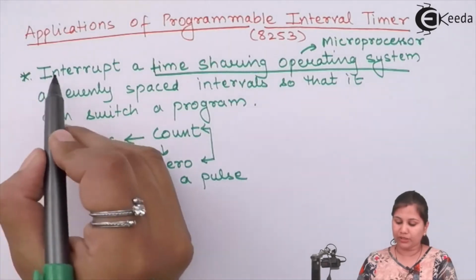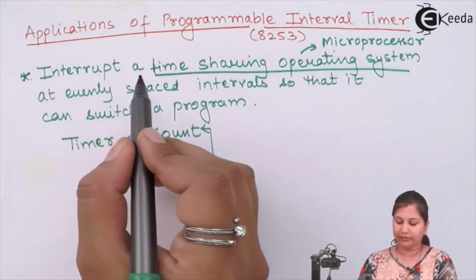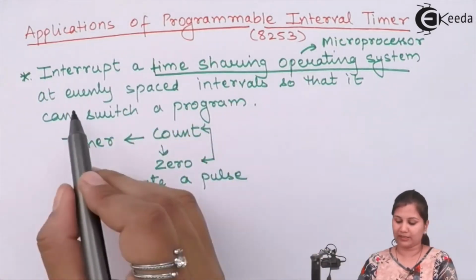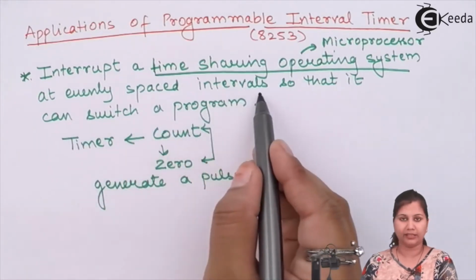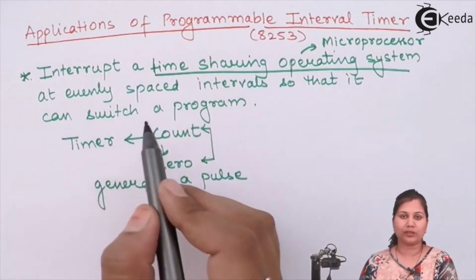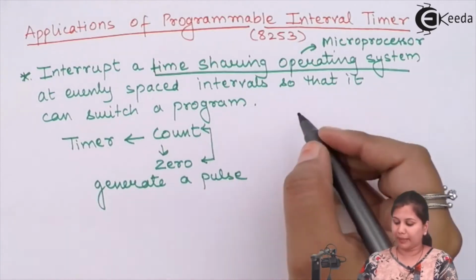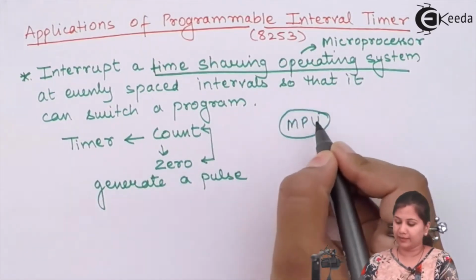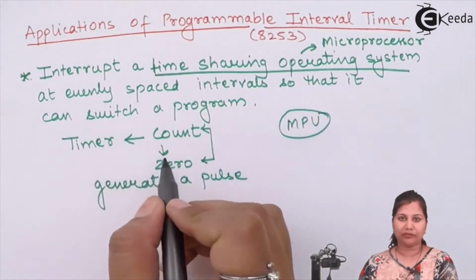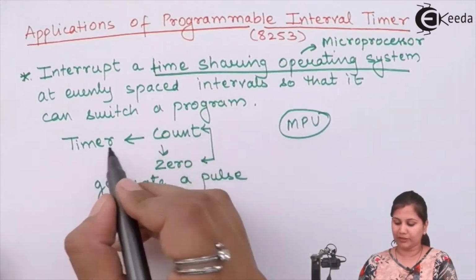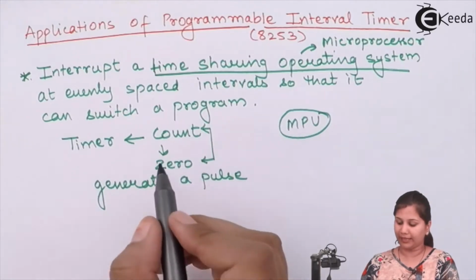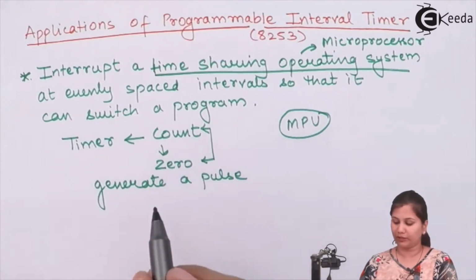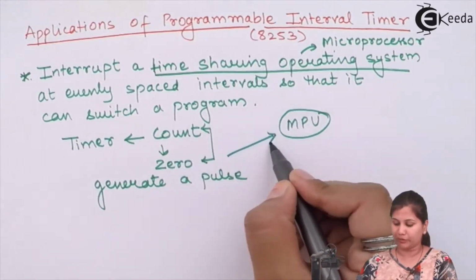So we can use this timer to provide the interrupt to the microprocessor at evenly spaced intervals so that it can switch a program. Because the microprocessor was currently doing some operation and we have provided the timer with the count. Now the timer is going to decrement the count, and at the end, when it has become 0, it will interrupt the microprocessor.